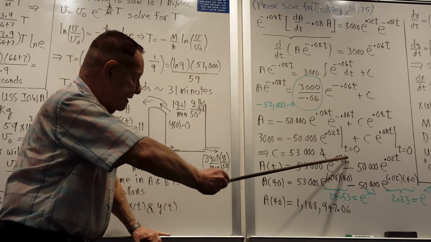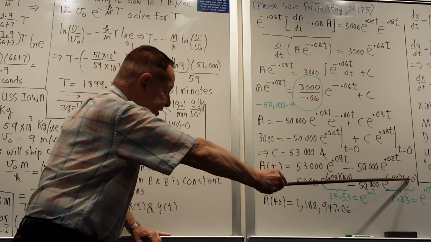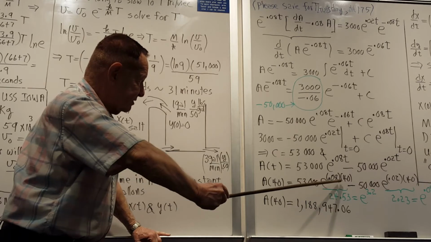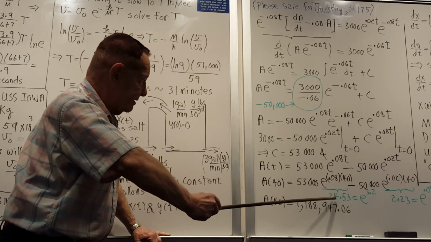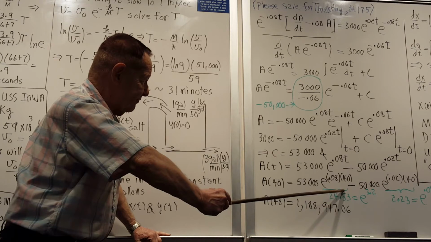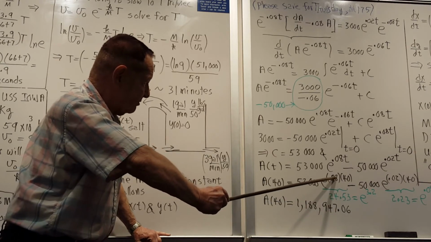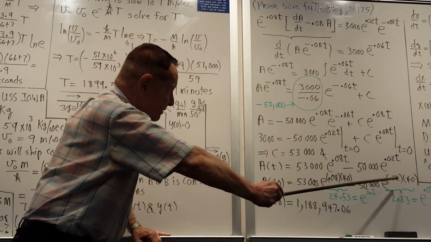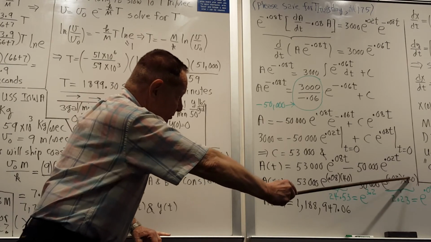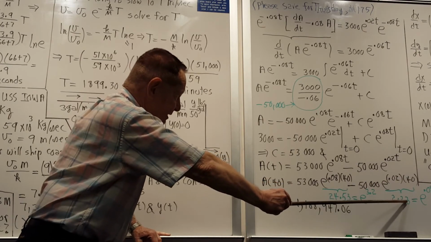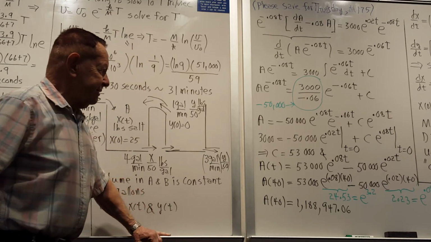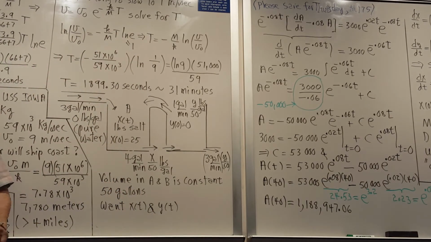So you put 40 there, and you put 40 there, and your exponential here is e to the 3.2, which is 24.53, and this one is e to the 0.8, and that's 2.23. And you see you have close to $1,200,000. So money at compound interest will pile up if you leave it alone long enough.